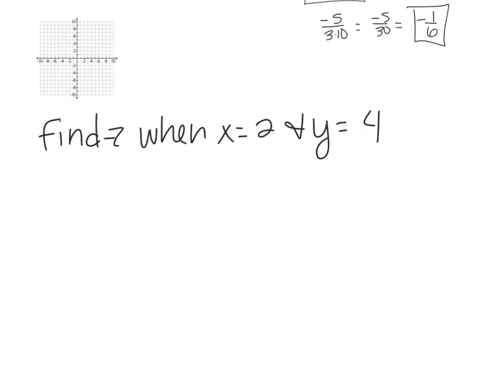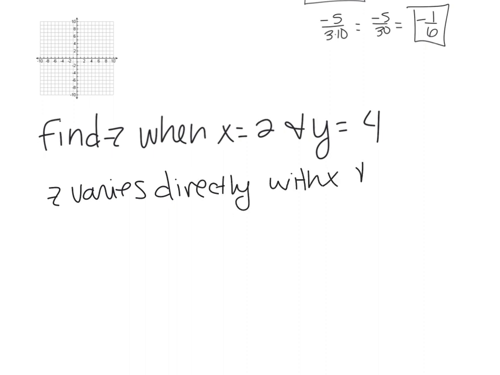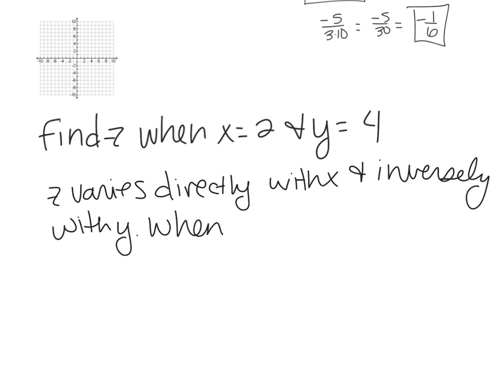And then the actual problem is z varies directly with x and inversely with y when x equals 6, y equals 3, and z equals, we'll say 12. I kind of made these numbers up, so hopefully they work out okay.